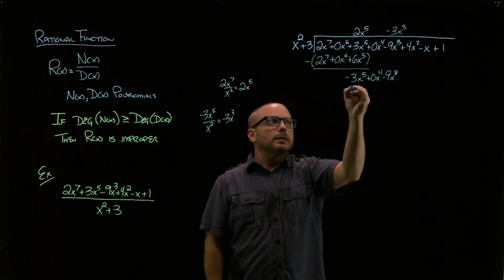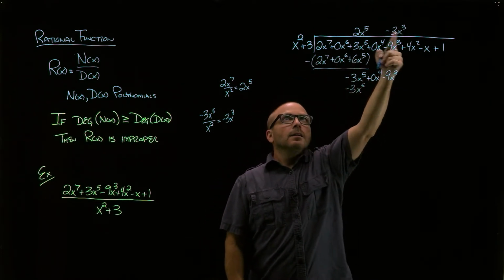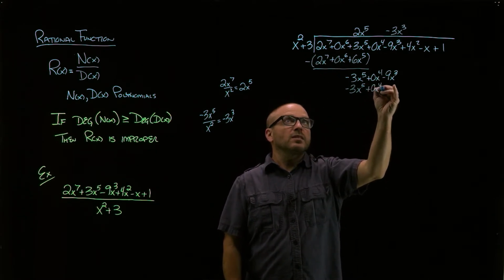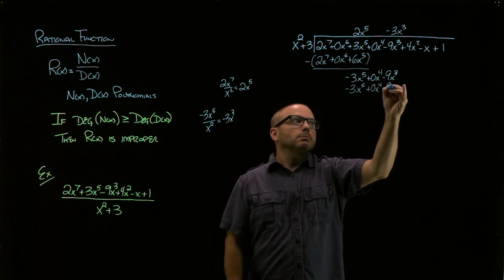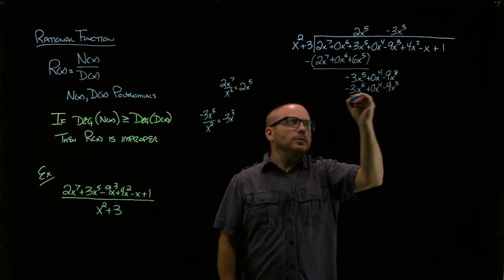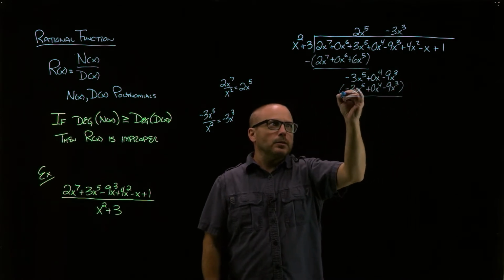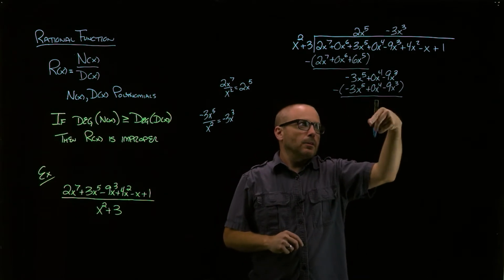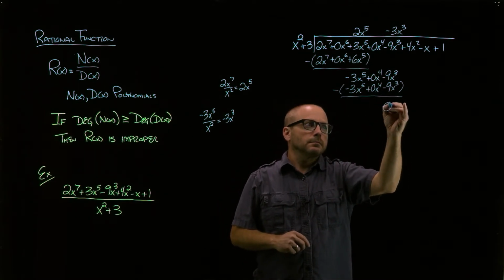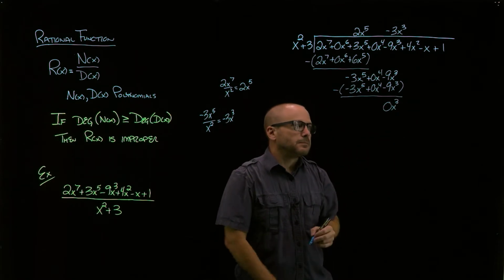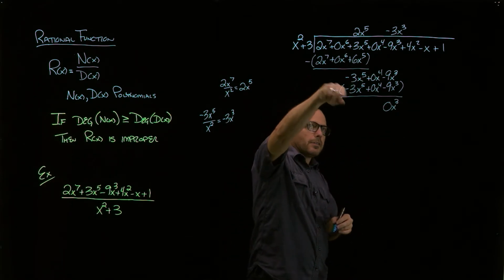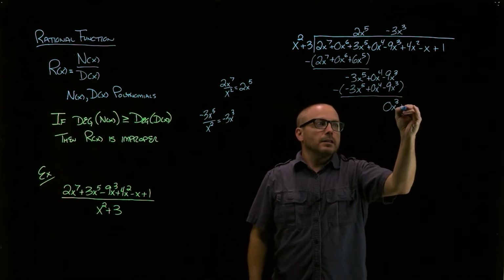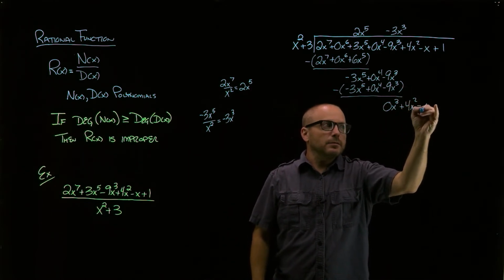Multiply: negative 3x to the 5th, minus, again, there's not going to be any x to the 4ths, minus 9x cubed. And that actually goes in there exactly, because remember, you're subtracting, so that's a negative 9 minus a minus 9. That's 0, 0, 0. Well, we've been needing 3 terms, and we really have no terms right now, so I'm going to bring down everything, the remaining 3 terms I have.